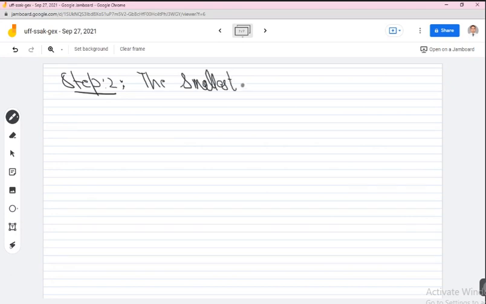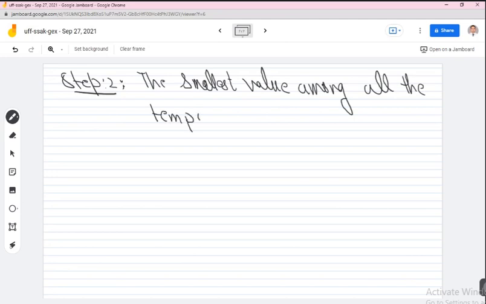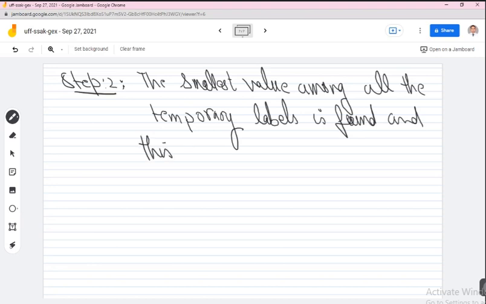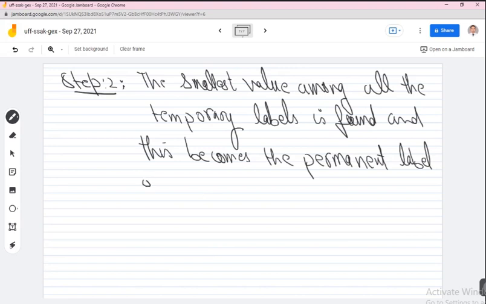Okay, this is step 1, and step 2: the smallest value among all the temporary labels is found, and this becomes the permanent label of the corresponding vertex.